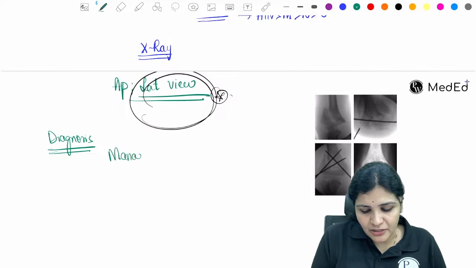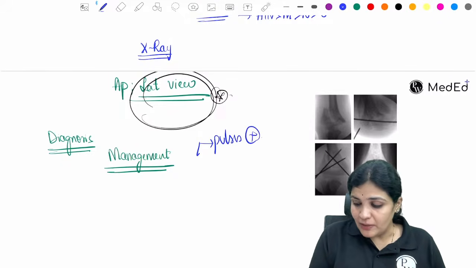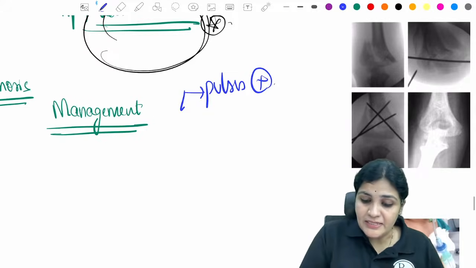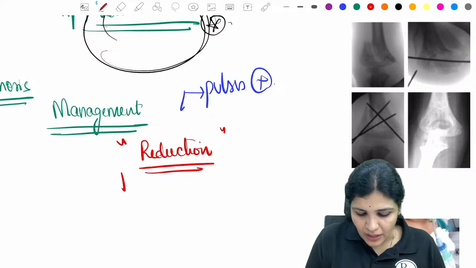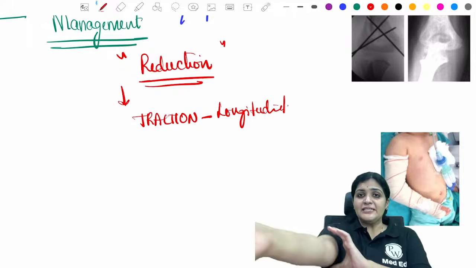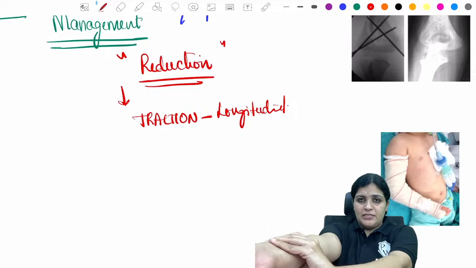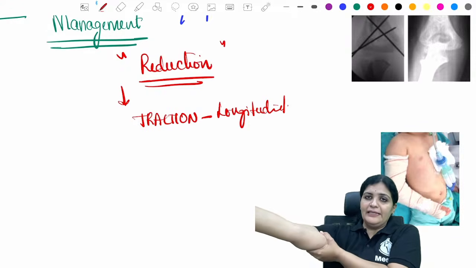So how do you manage a case of supracondylar fracture humerus? Here I'm talking about when the pulses are present, right? Whenever the pulses are present, the most important thing you have to do is reduce the fracture. Reduction is very, very important. So how do you reduce it? First you give a longitudinal traction. The surgeon will hold the hand and pull, and the assistant will hold the arm here, right?